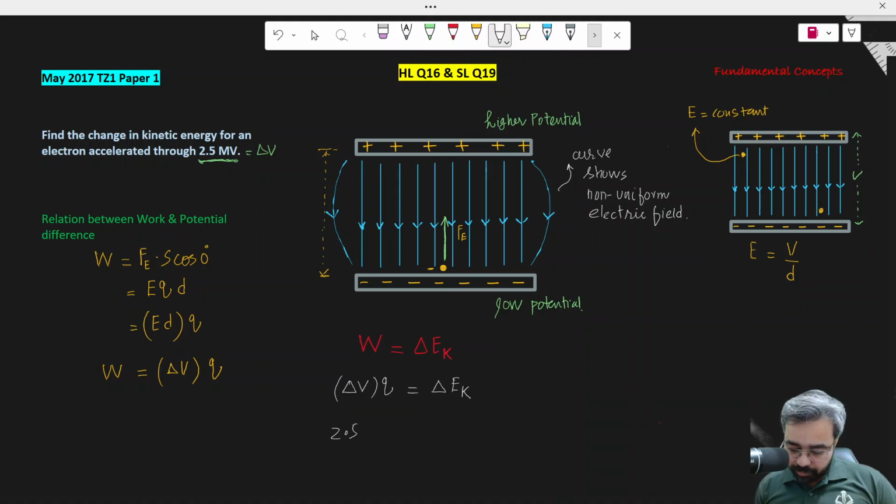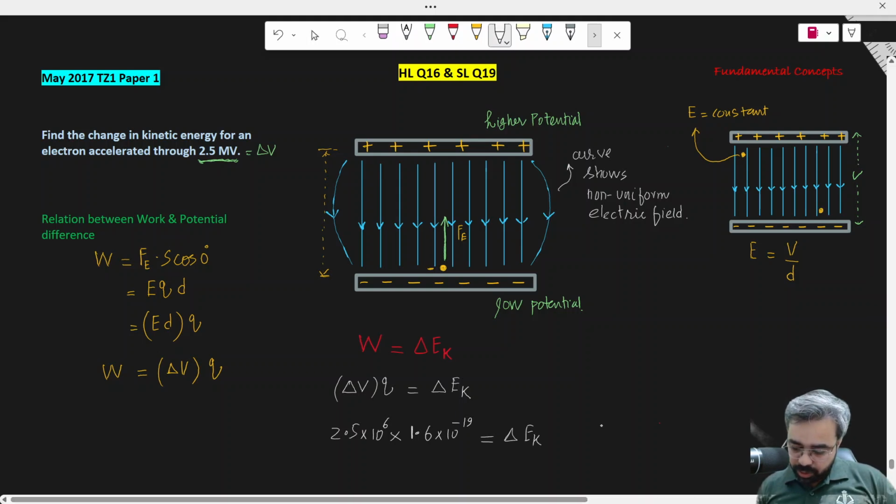So it is 2.5 multiplied by 10 to the power 6 times 1.6 times 10 to the power negative 19, which equals the change in kinetic energy, and that is 4 multiplied by 10 to the power negative 13 joules.